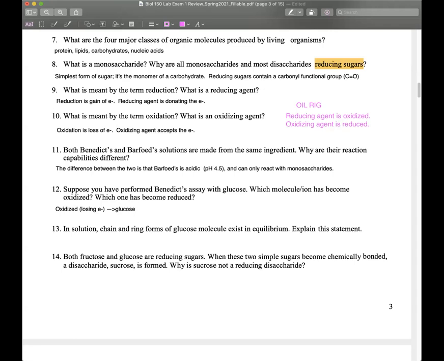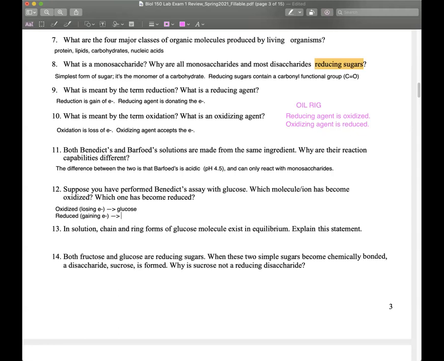All right, glucose. Very good. Yeah, glucose is losing its electron. And then what's being reduced? What was it in these solutions that was actually reacting with the carbonyl group? Oxygen?